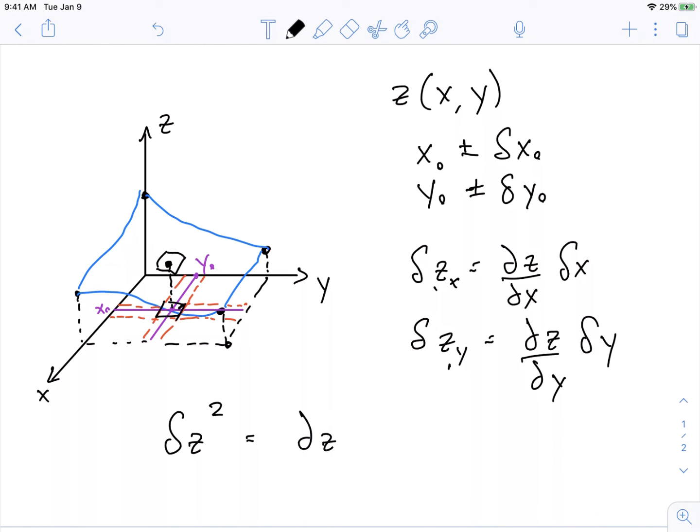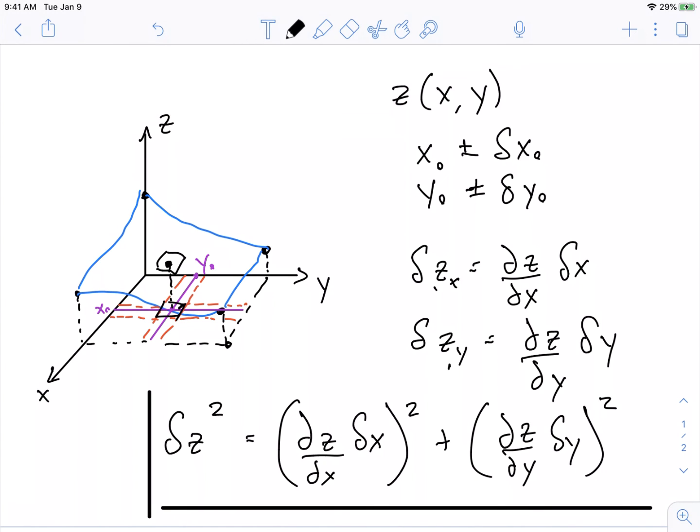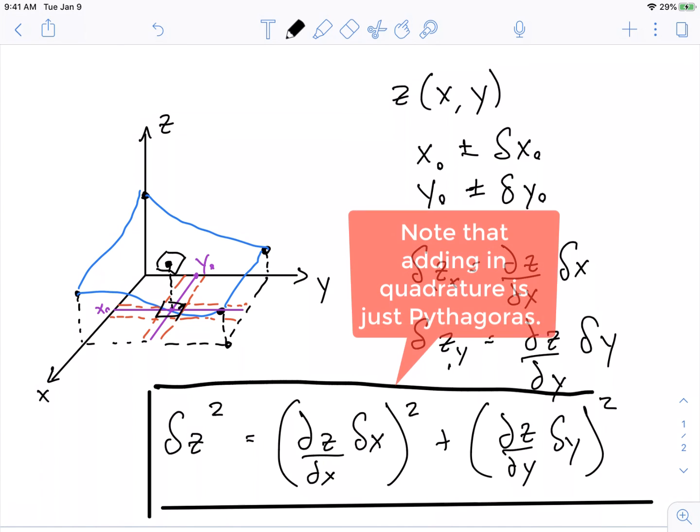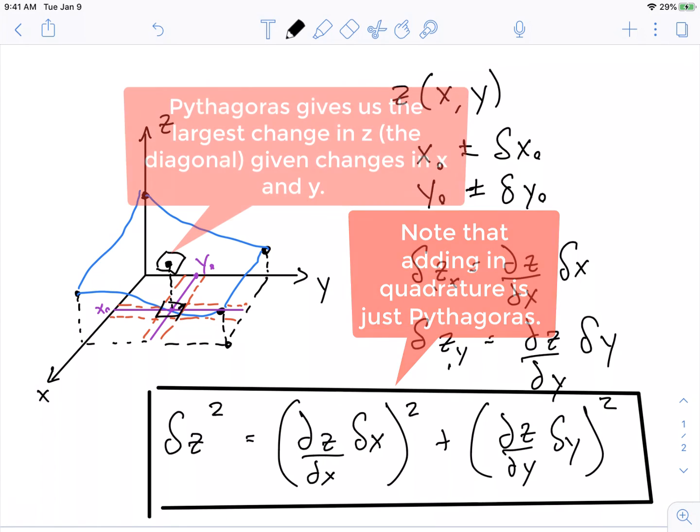So we have dz dx times the uncertainty in x, squared, plus dz dy times the uncertainty in y, all squared. So this is where that sort of master formula comes from that we can use to get uncertainties. Weird box, but I'm going to keep it.